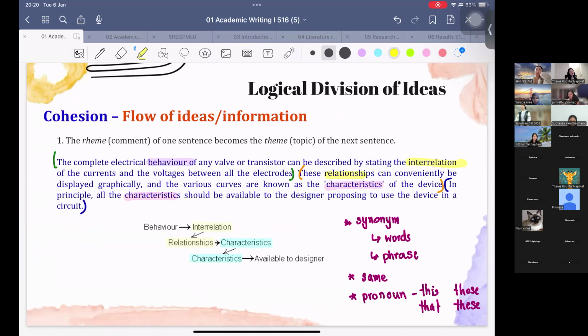This one is in terms of cohesion. Yeah, we have cohesion. Coherence and cohesion are similar to each other. This one, cohesion, is about the flow of ideas.